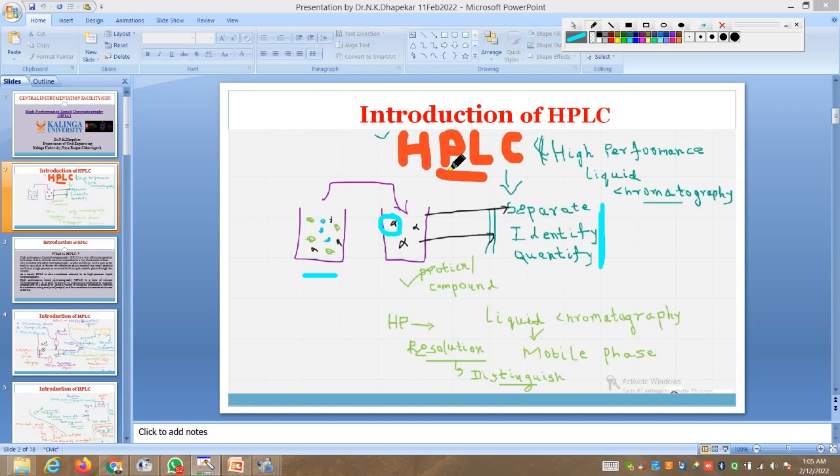That is only possible with the help of HPLC. High performance sometimes may be called high pressure also, because when we inject the sample into the stationary tube, we use a pump. So sometimes it may be called high pressure liquid chromatography also.